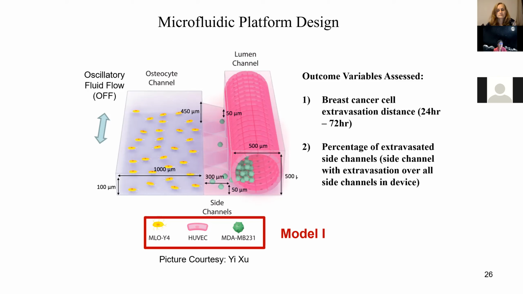If you put them in a square channel, even though they can still form this endothelium-like structure, they don't do what they're supposed to do. So the circular cross-section is quite critical for appropriate endothelial cell function.